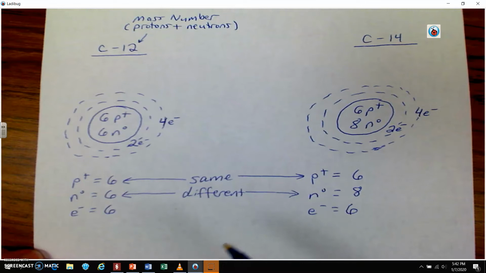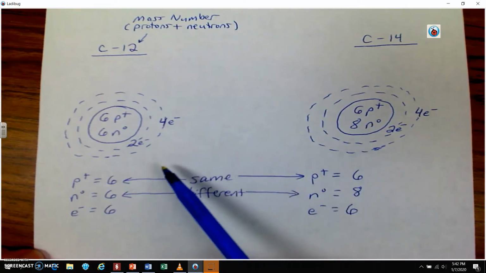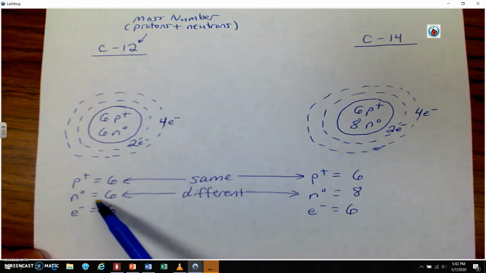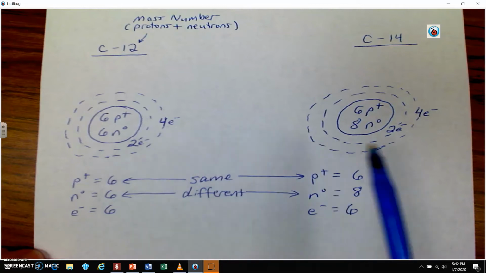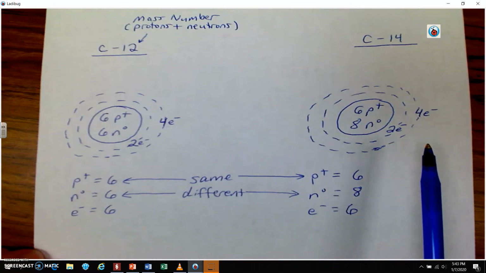So now we have an illustration to show 2 different atoms that have the same number of protons, but very different numbers of neutrons. That makes these 2 elements, carbon-12 and carbon-14, isotopes of each other.